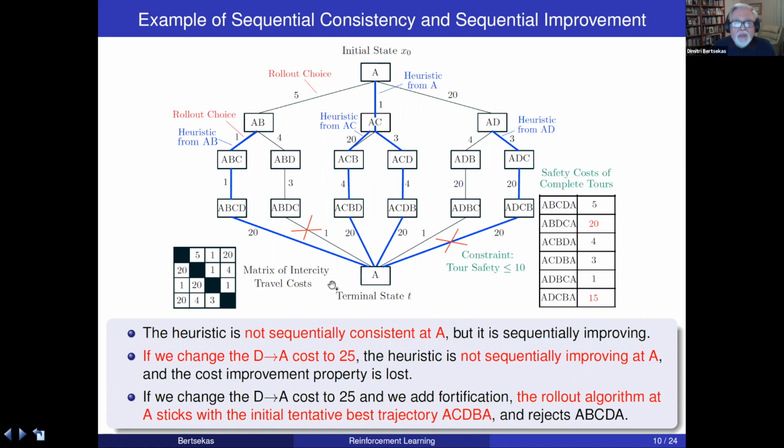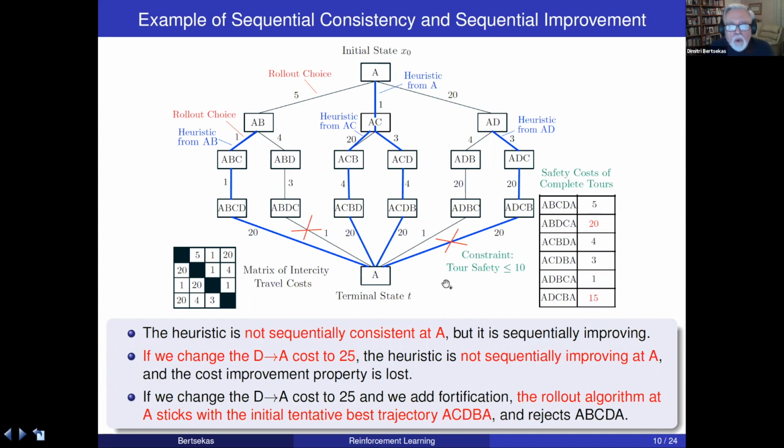The reason is that this one is worse, and this one is worse, and this one is worse, or infeasible in this particular case. So it sticks with the heuristic trajectory, the trajectory that was generated at A, and rejects this one.